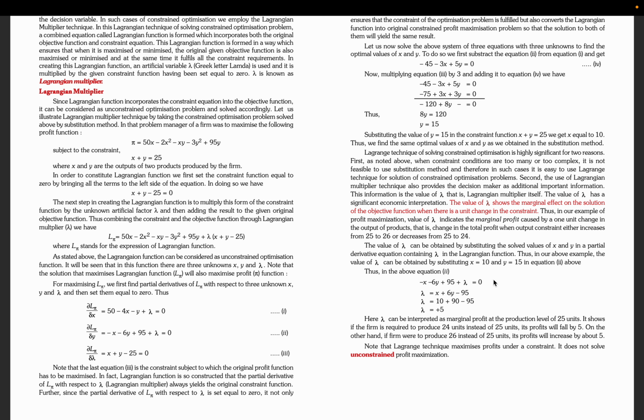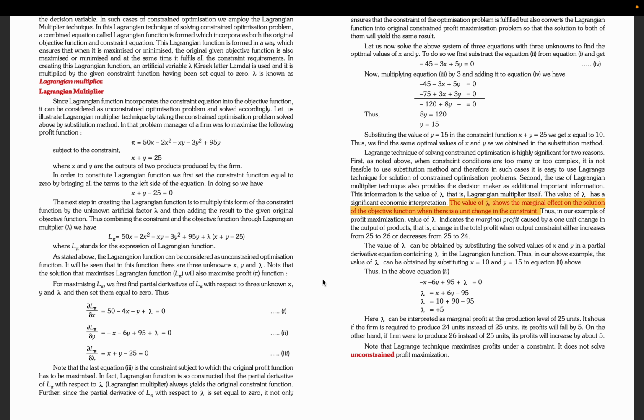Second, the use of the Lagrangian multiplier also provides a decision maker additional important information. This information is the value of lambda, that is the Lagrangian multiplier itself. The value of lambda has a significant economic interpretation. The value of lambda shows the marginal effect on the solution of the objective function when there is a unit change in the constraint.